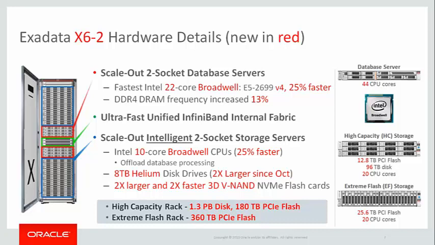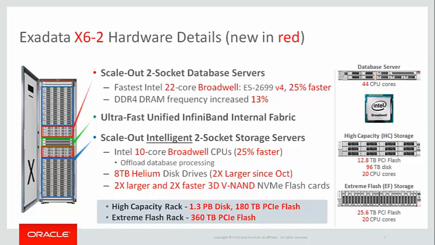And for storage servers, we are also going higher in number of cores, from 8 to 10 core Broadwell CPUs, and it is also 25% faster. Exadata uses 8 terabyte Helium disk drives.